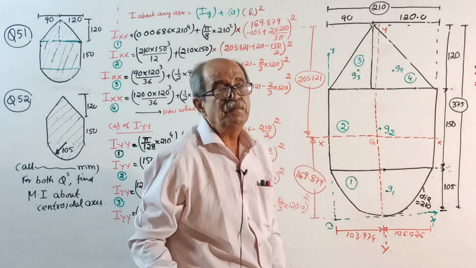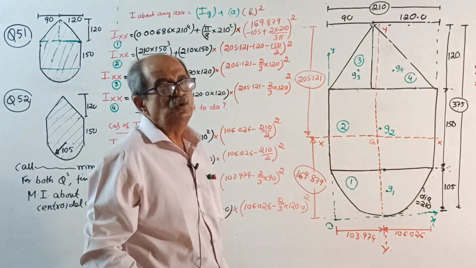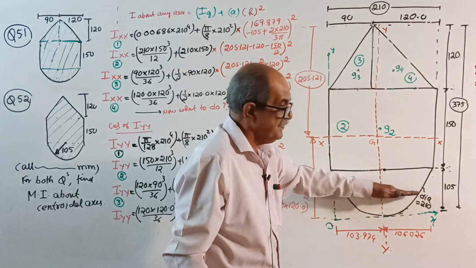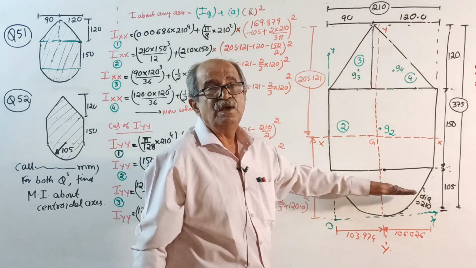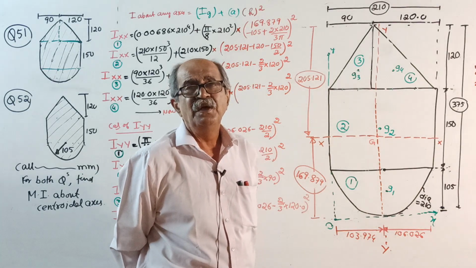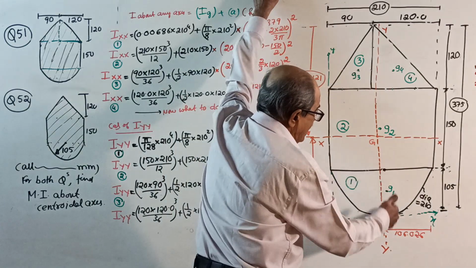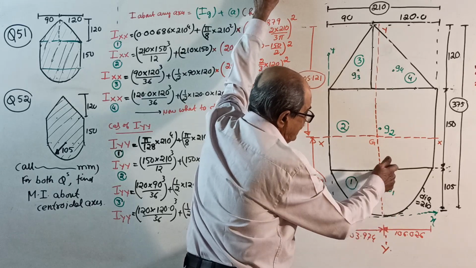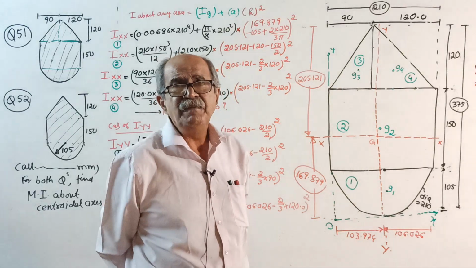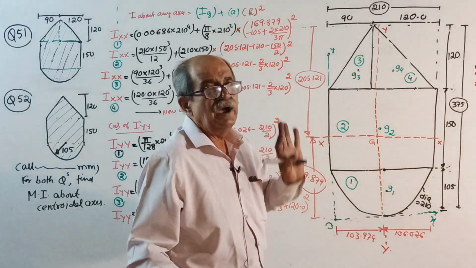Now I will not waste time telling again and again I g plus A d square. If it is not clear, you do not continue any class from me. That's all. I about its own axis is not symmetrical, so a decimal number will come. For semicircle, the decimal is 0.00686. But when you do I about the YY axis, this vertical centroidal axis, it is symmetrical. Therefore, pi by 128 of diameter power 4. Rectangle I will not explain. Triangle also I will not explain.